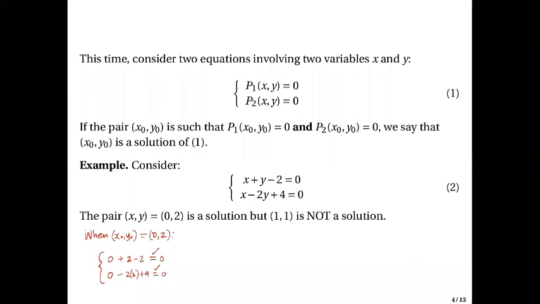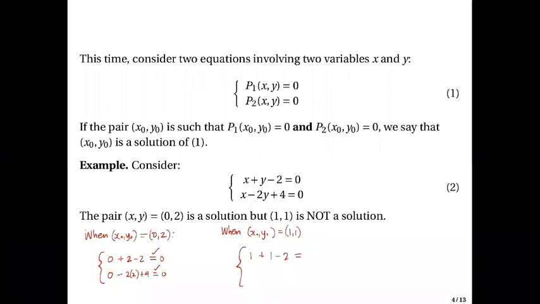Okay? On the other hand, we have the second pair. When x sub 0, y sub 0 equals the pair 1, 1. Okay? Let us see. For the pair 1, 1, we have 1 plus 1 minus 2.